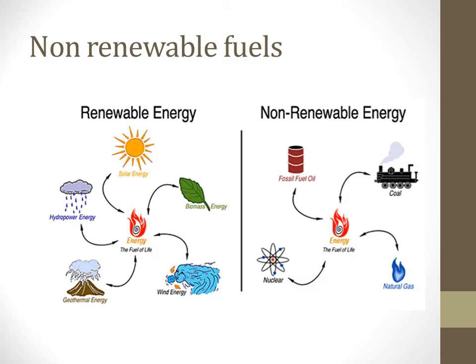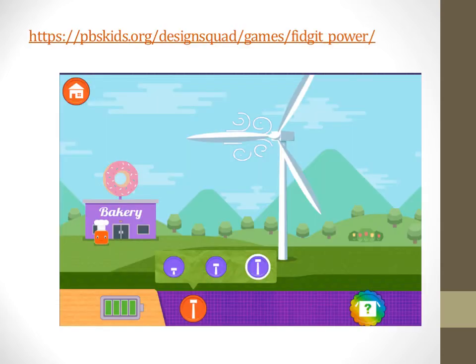Non-renewable means we cannot keep using them again and again, over and over, like the renewable energy, because this non-renewable energy has a certain limit and can get over after some time, because it takes thousands and thousands and millions of years to create this non-renewable energy. But at the rate which we are using, we may not have enough supplies. So this is something we looked at in the last lesson.